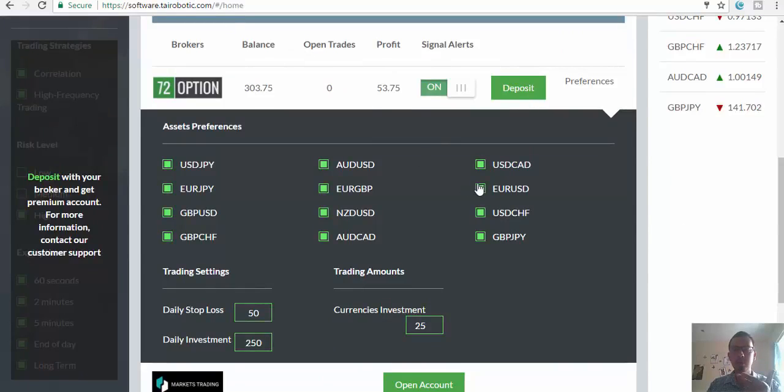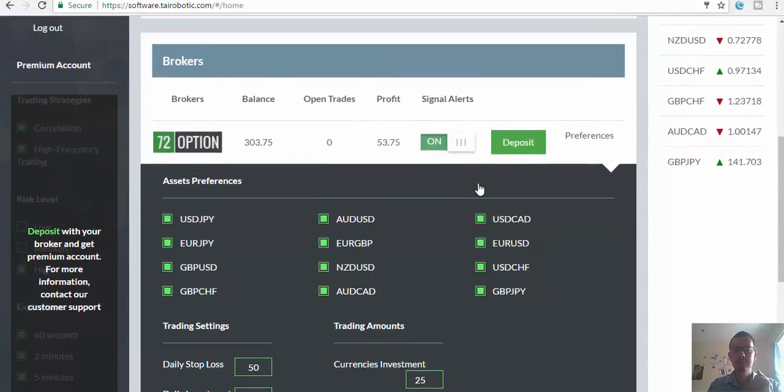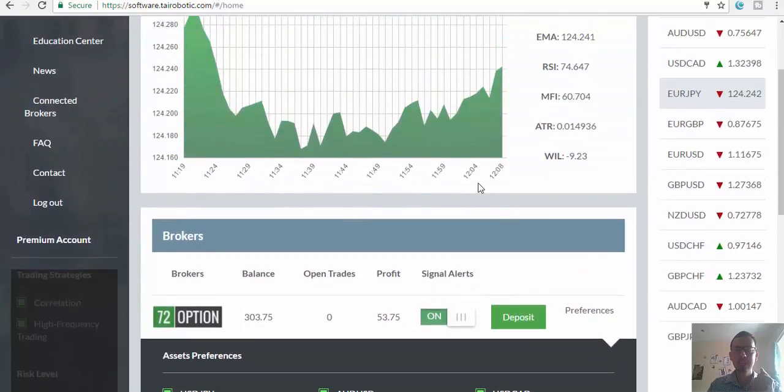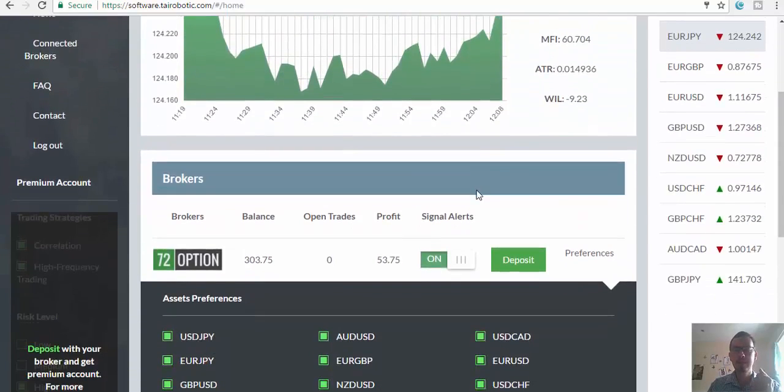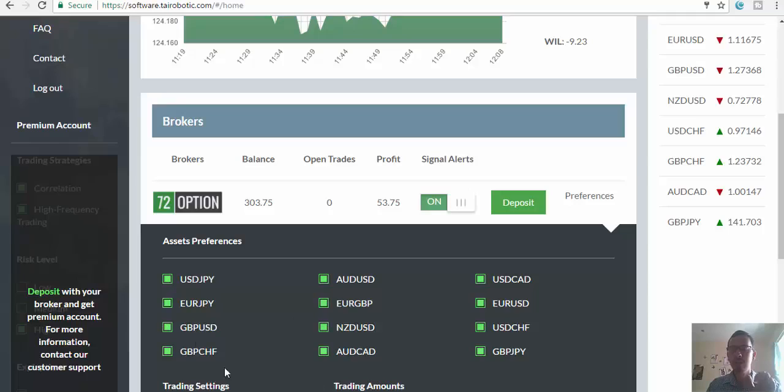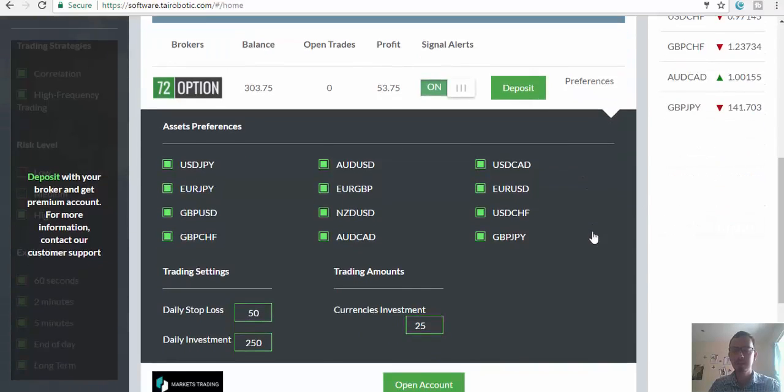The auto trader is on at the moment, and it's scanning the market behind the software, and whenever it sees an opportunity within these currency pairs, it's going to start placing either call or put trades, I mean, either up or down trades. I will give it a couple of minutes, and then we'll see what kind of trades it places.